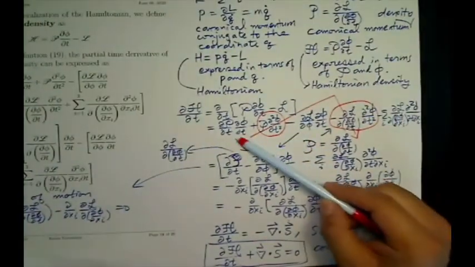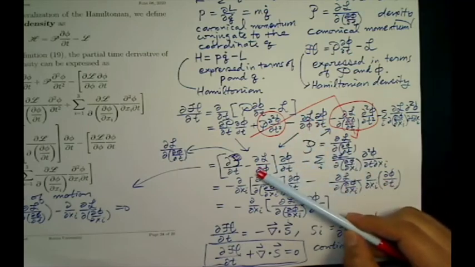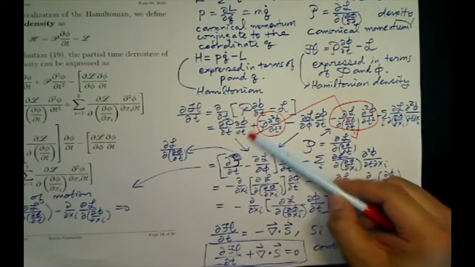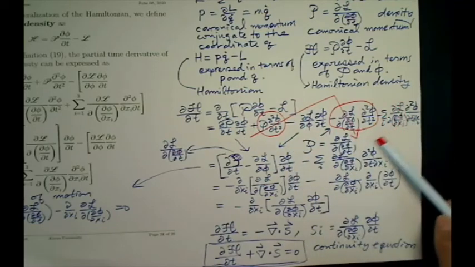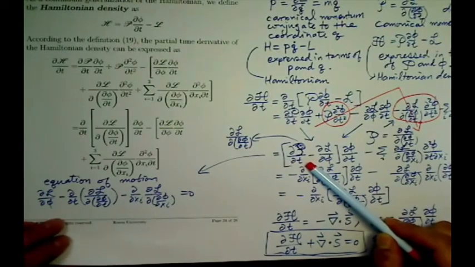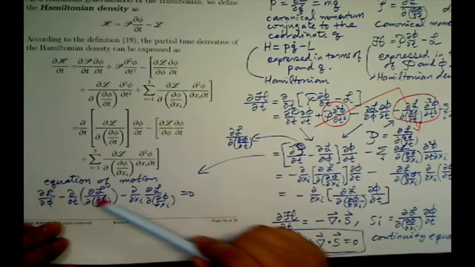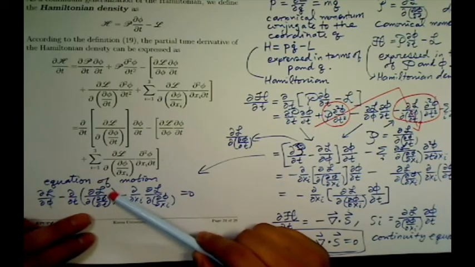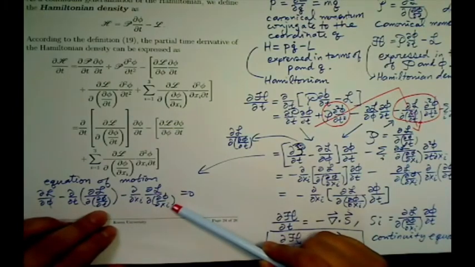We also find the equation of, we can just copy the first term and second term in here. They both have a time derivative of the field, and then the last one is copied in here. We now make use of the equation of motion. We find the equation of motion is of this form, the derivative of the Lagrangian with respect to the time derivative and the spatial derivative.